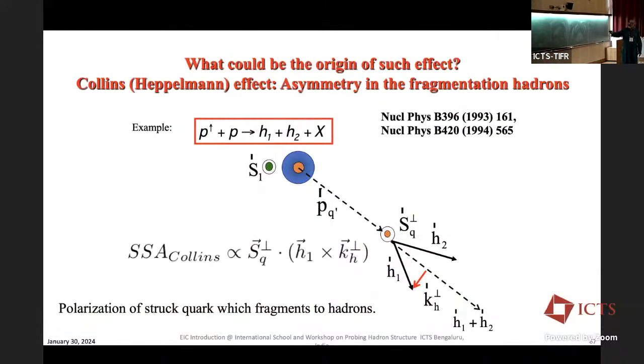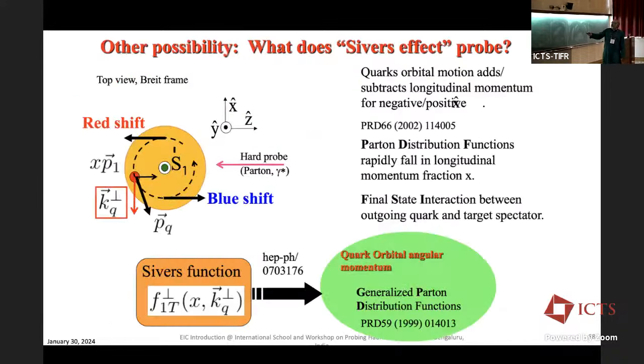There's something like the Collins effect or Collins-Heppelmann effect, where the direction of the hadron is carried by the initial momentum in the fragmentation, or there could be some orbital motion, where you had actual motion and then you hit it at some point, and the quark that comes out, comes out at an angle because of its initial motion and the direction in which you got hit. So you can get two of them, and then there were tricks to figure out how to reduce the uncertainty between them, how to separate them, et cetera. And so there is a field that you will see as to what is the origin of all of that.